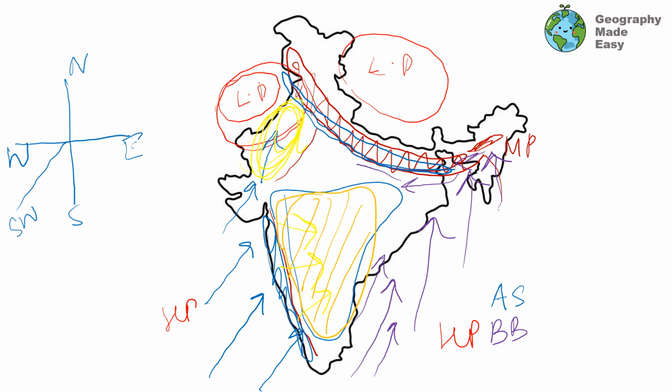And then it starts to blow over the northern plains, and we see that the northern plain receives heavy rainfall. But as the wind is moving away from the oceans towards the inland, the precipitation amount reduces because the moisture is getting depleted.